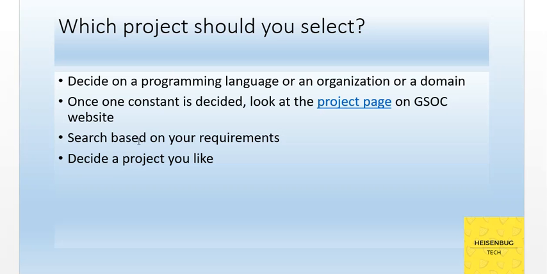Then you're going to go to that page and you're going to search based on your requirements. In my case, C++ is the requirement that I want to adhere to. And then based on the domain that you want, you can have a look at all the projects that are available to you and decide which one intrigues and interests you and just get going with that.